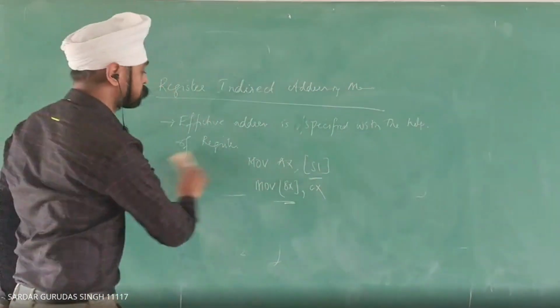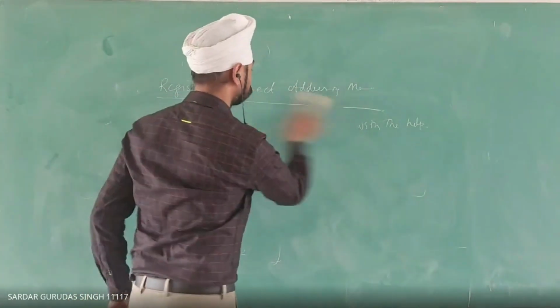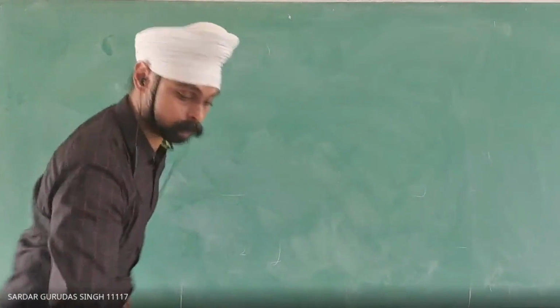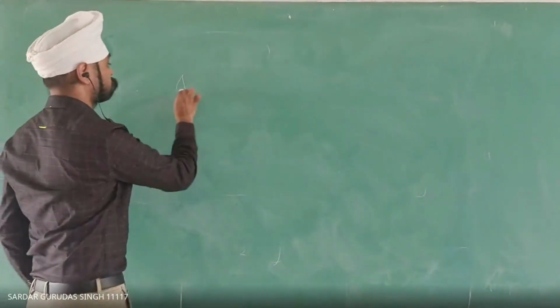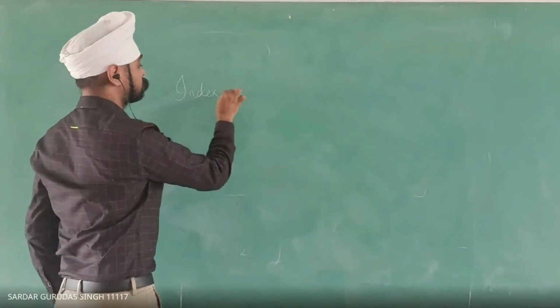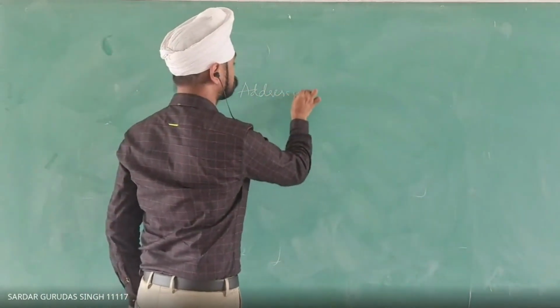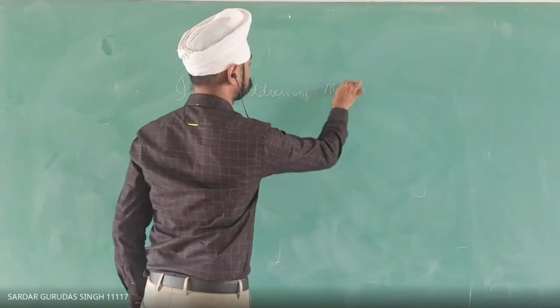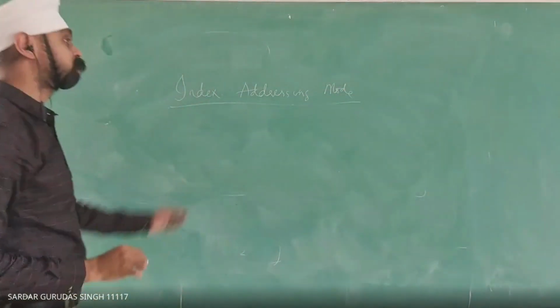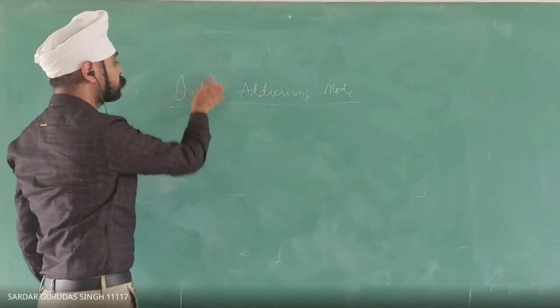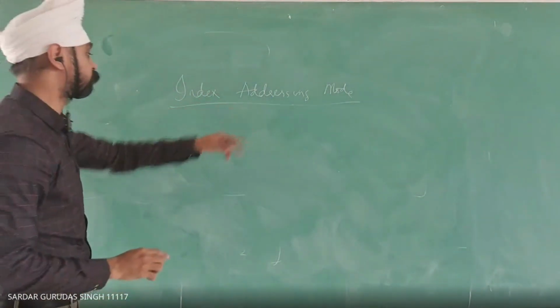The next one is index addressing mode. This is also a type of indirect addressing mode only. But here we will make use of an index register in order to specify the effective address.